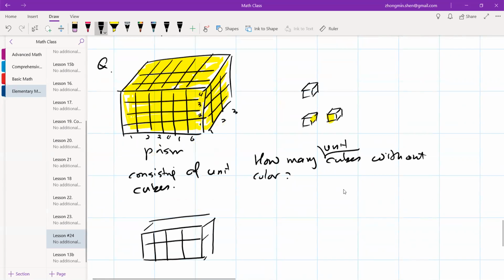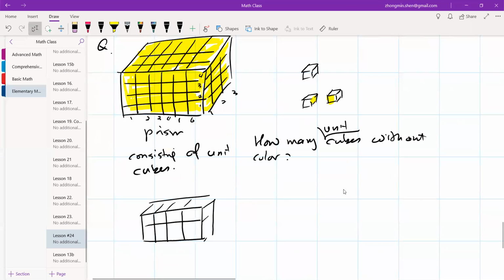Those are the cubes inside without painting. So the answer is 4 times 2 times 1, which is 8. That's easy to find out.